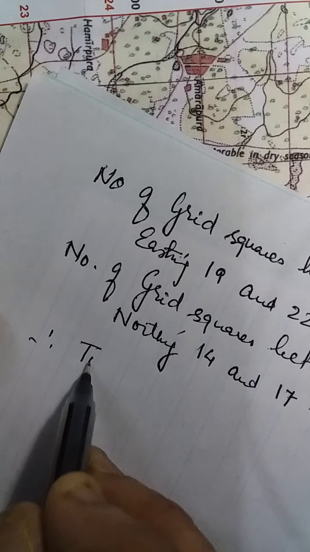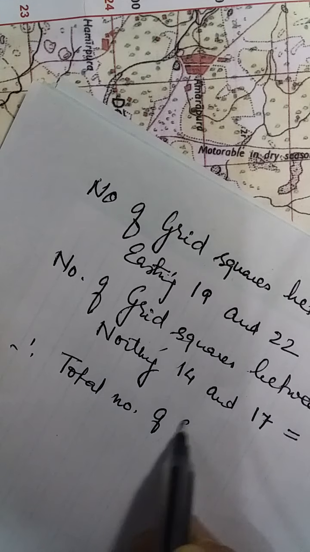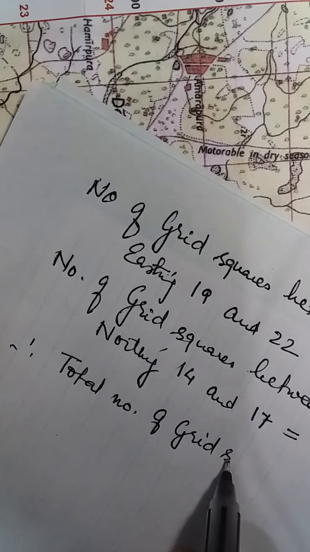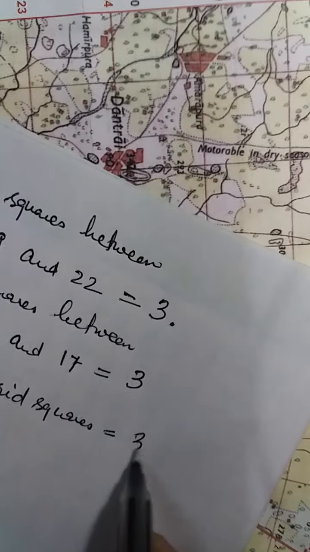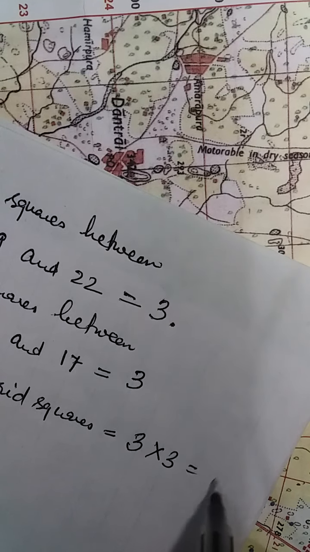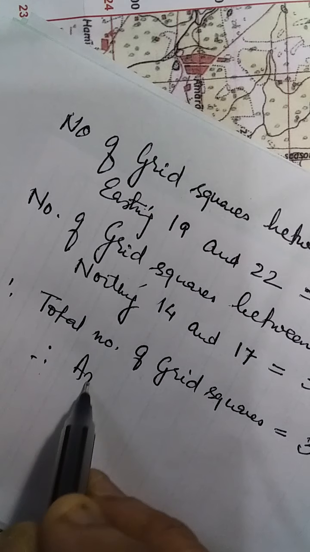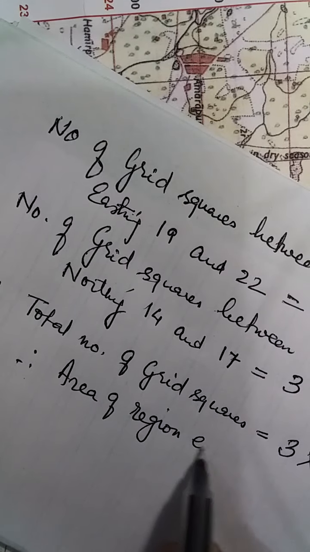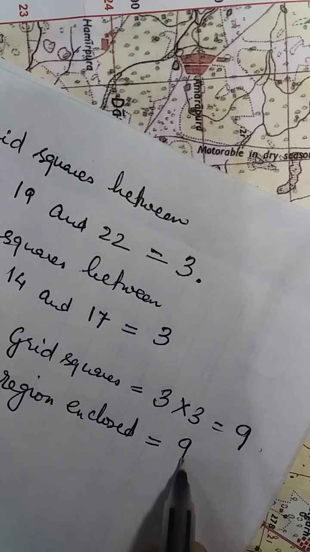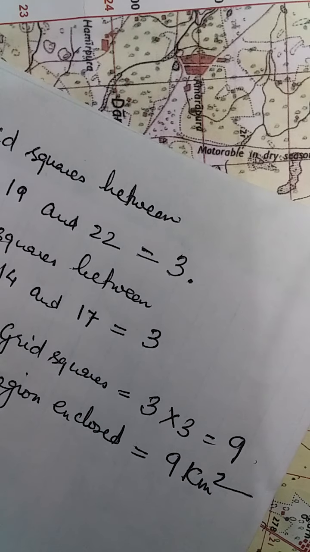Therefore, total number of grid squares will be equal to 3 into 3, that is equal to 9. And therefore, area of the region enclosed will be equal to 9 kilometer square.